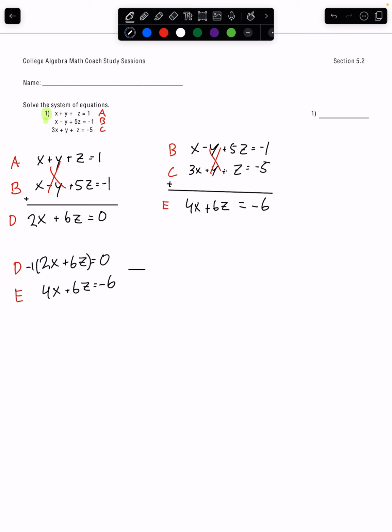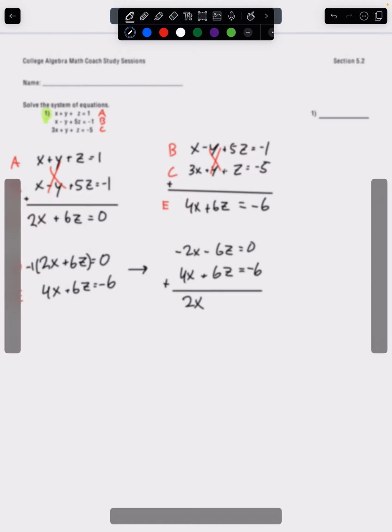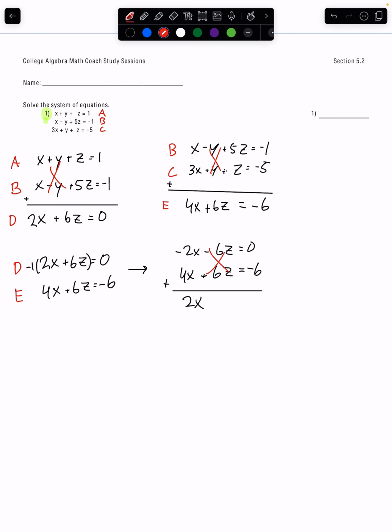And that gives us -2x minus 6z equals 0. 4x plus 6z equals -6. We can add these both together, and we get 2x. These eliminate. Equals -6. Divide both sides, and we get x equal to -3.